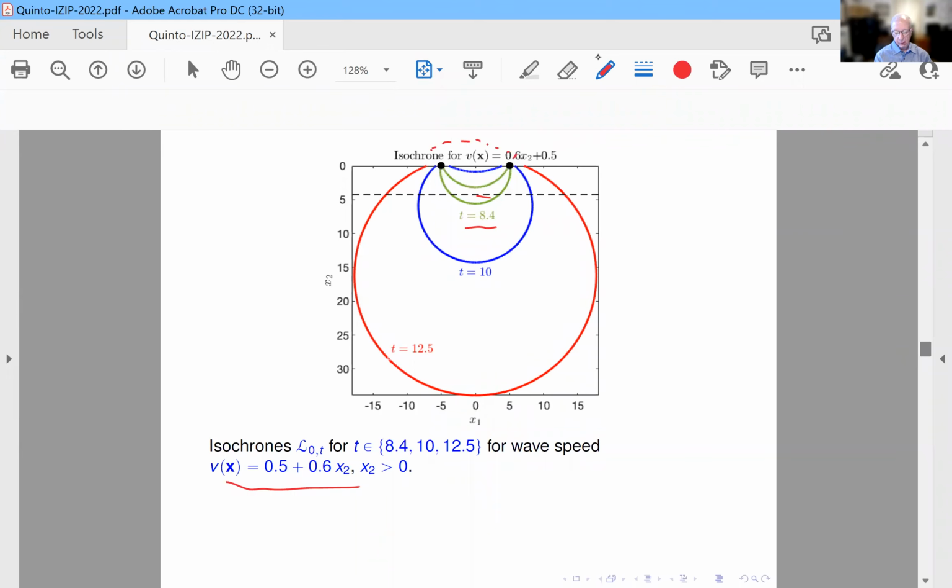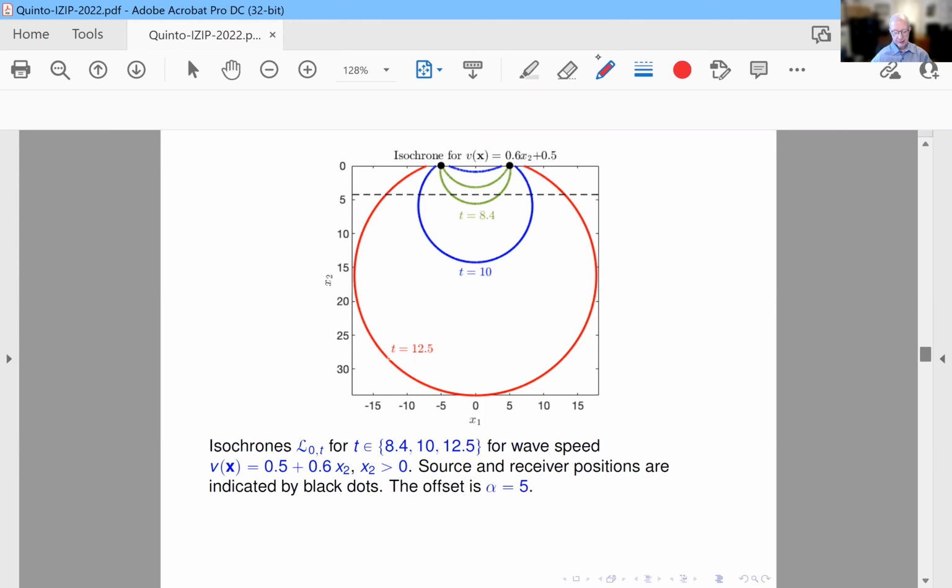So if t is small, the top half can go down. You see that in the green isochrone, the t equals 10 blue isochrone. And then at 12.5, the isochrone actually just goes above, the top half.